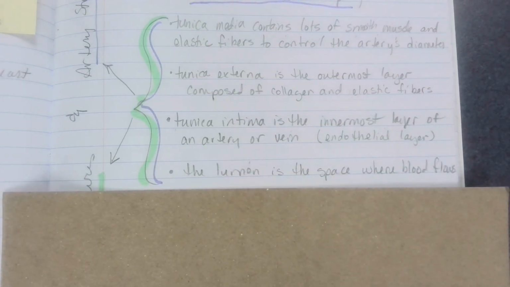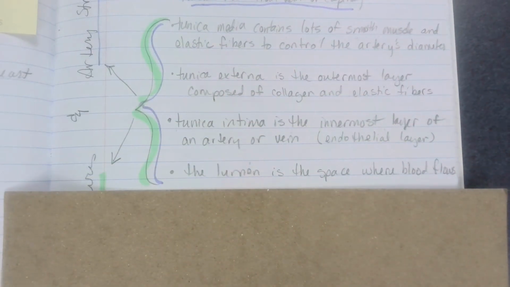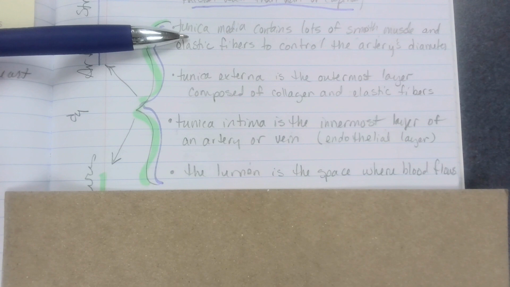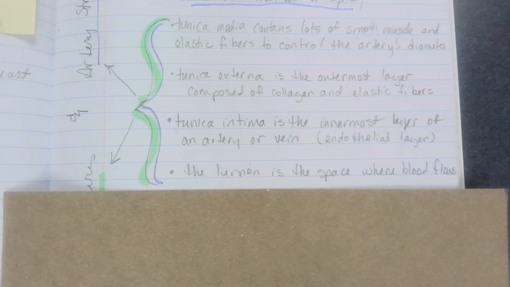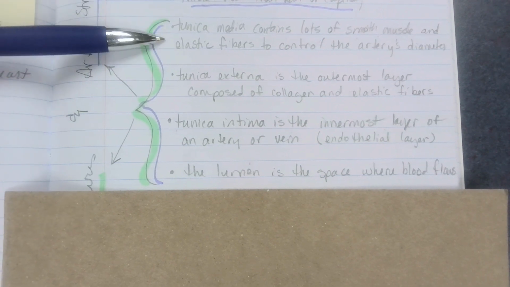The lumen is the space where blood flows. So again, these four components are components of both artery structure and vein structure. The biggest difference is that the tunica media is much thicker in the artery. There's a lot more smooth muscle in the artery than in the vein. The vein does have a tunica media, but it's not as thick as the artery.